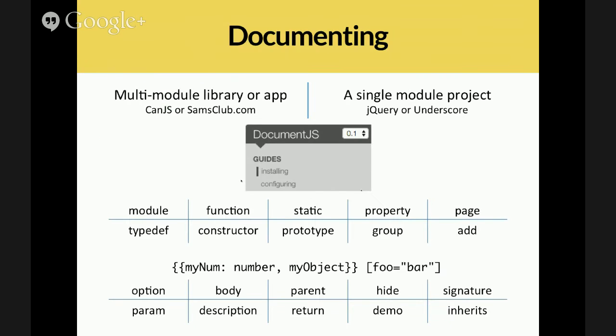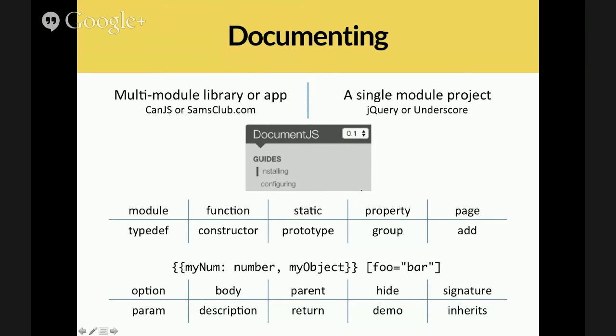So the next part, and this is kind of where it gets crazier, is how to document your actual application. And there's a lot to consider, right? There's what type of application do you have? Do you have a multi-module library or app, something like CanJS or samsclub.com?